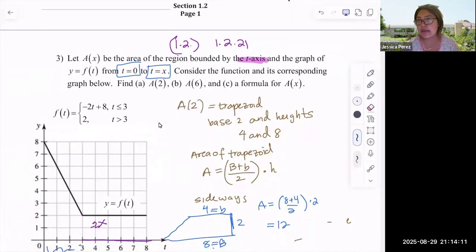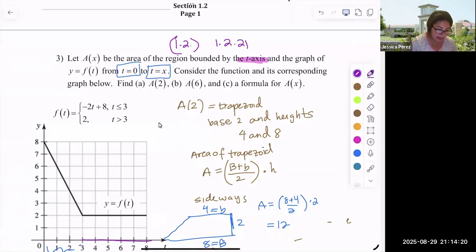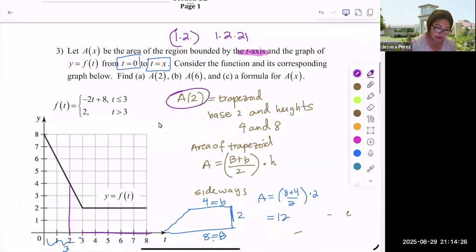We actually separated this between a rectangle and a triangle. But if you recall, if x is equal to 2, that means that your axis will be cut here at 2. If you turn it sideways, this is a trapezoid.